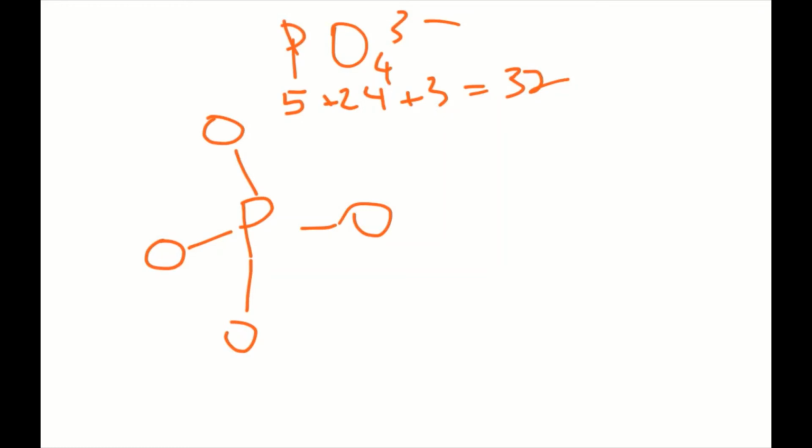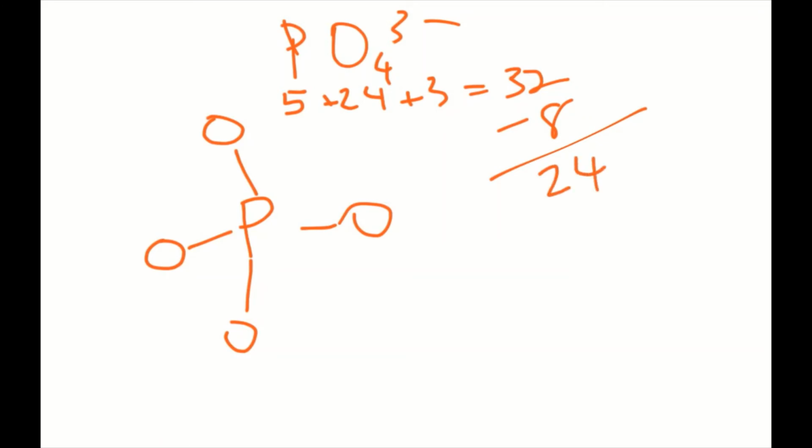So I'm taking advantage of that property to do this. So since it can have an extended octet, I am going to put as many electrons as I need around phosphorus to make this work. So 4 bonds so far, so that's -8, and that would be 24 electrons left over.